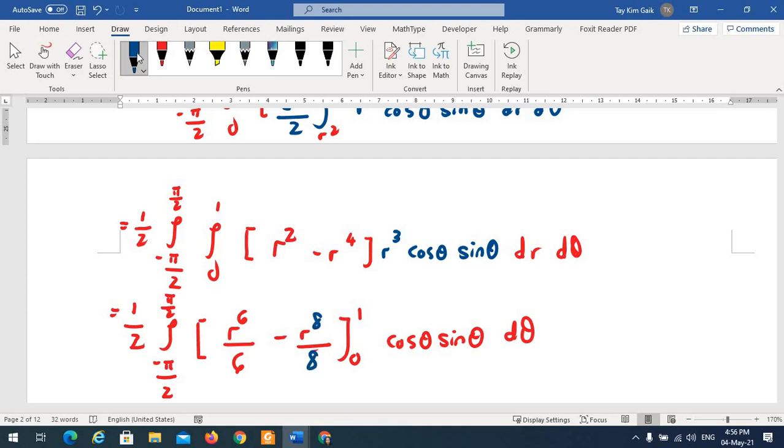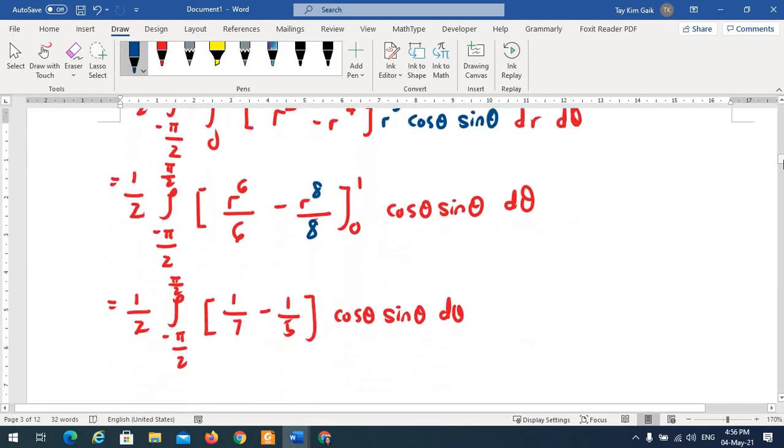That's here. Then expand this one. So r power 5, integrate it, r power 6 divided by 6, this r power 7, r power 8 divided by 8. And then, so this is 1 over 6, this is 1 over 8.